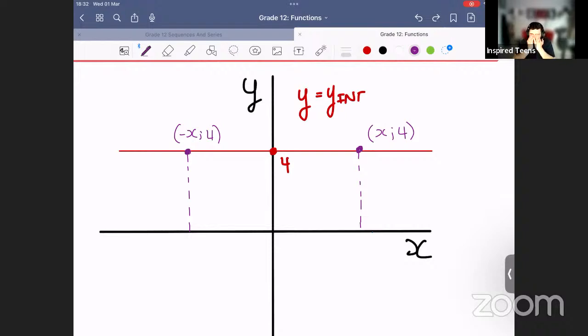Or for that matter, any y value on that line is going to be the same as the y-intercept. So in this case, whatever coordinate we have on any point on this line, it returns the y value of 4, positive 4 in this specific case. Okay. And again, y is equal to the y-intercept.